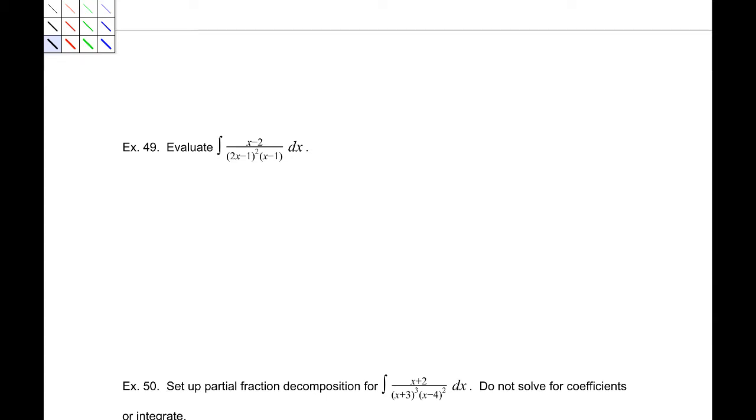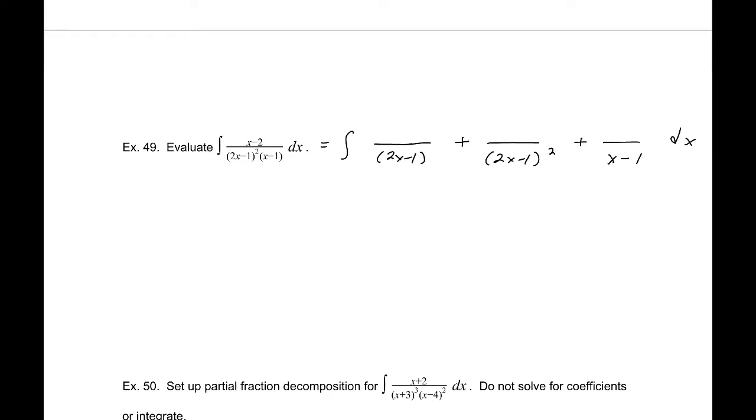This is going to be written in this way: something a divided by 2x minus 1 plus something over 2x minus 1 squared plus something over x minus 1. That is going to be the only difference, because we walk these powers up. We have 2x minus 1 to the first, 2x minus 1 squared, and then we've got our x minus 1. That's the one thing that's going to have to be just a little bit different.